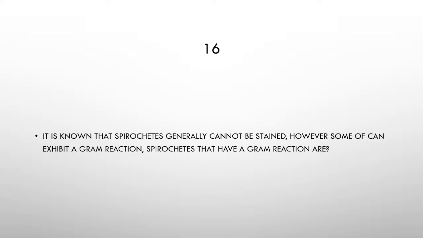So what is it? Again, let me repeat the question. Spirochetes generally cannot be stained. However, some can exhibit a Gram reaction. Spirochetes that have a Gram reaction are blank. Who raised that? Valiant.